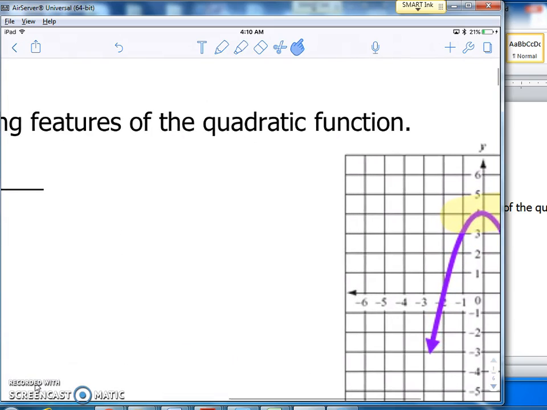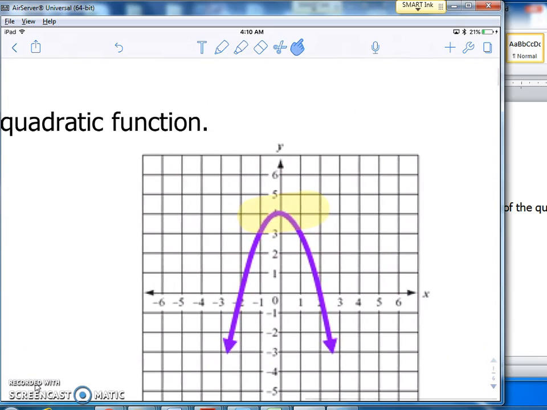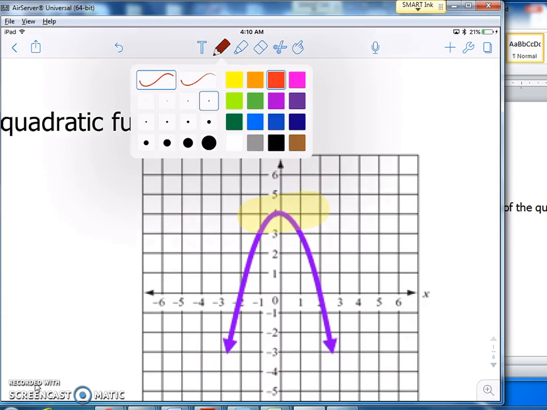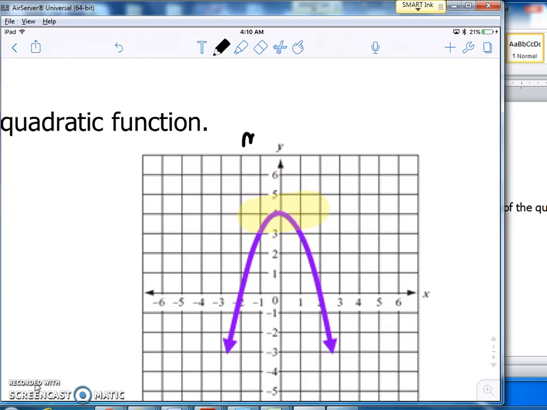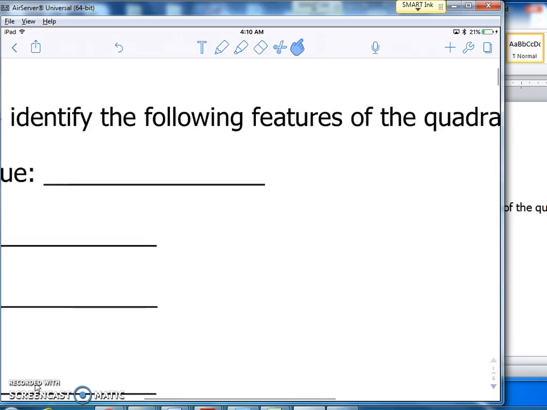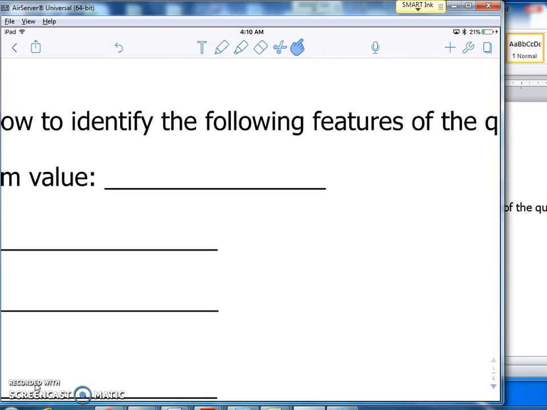And if we zoom in, we see that a maximum value is always the y. So our maximum value is going to be when y equals 4. So we have a maximum value of 4. Maximum at, that's the at sign, a maximum at 4.